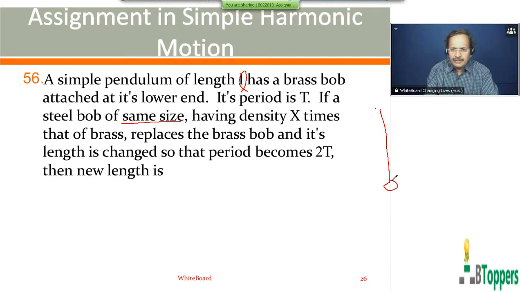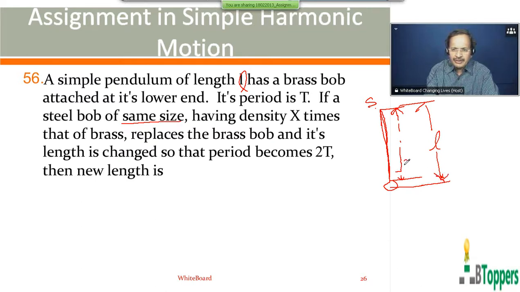The effective length of the simple pendulum is the distance between the point of suspension and the center of mass of the bob.